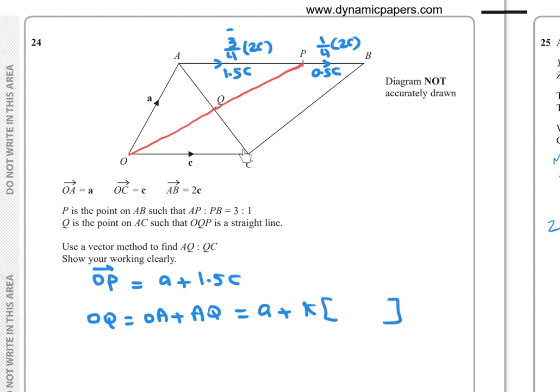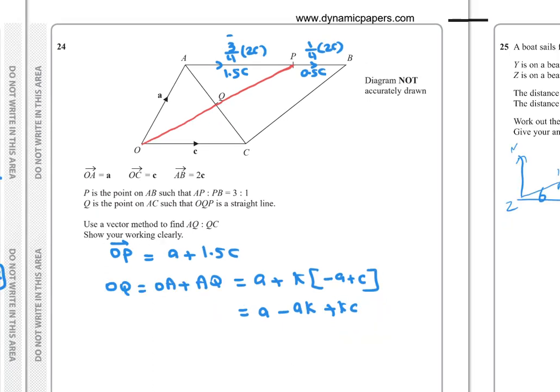But AC equals negative A plus C. So we can simplify more: A minus AK plus KC. Combine the like terms. We have 1A and minus AK, so (1 minus K) into A plus KC.